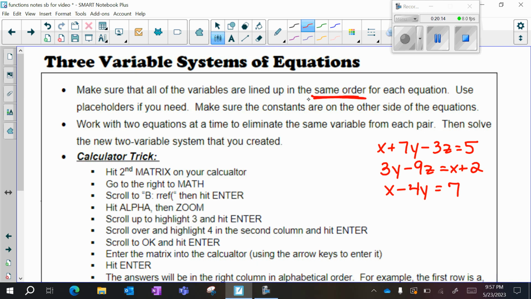So I would need all the x's, y's, and z's on the left side and all the numbers on the right side. And you need a placeholder whenever necessary. For example, in this last equation, I would need to write this as x minus 4y plus 0z equals 7 before I went to use my calculator to solve.